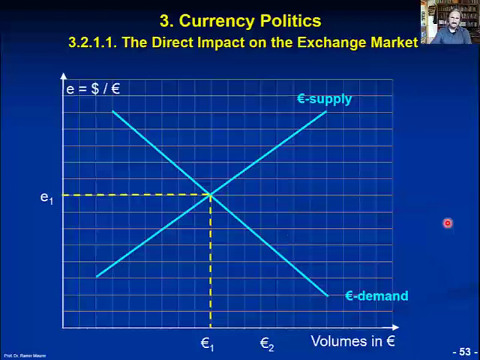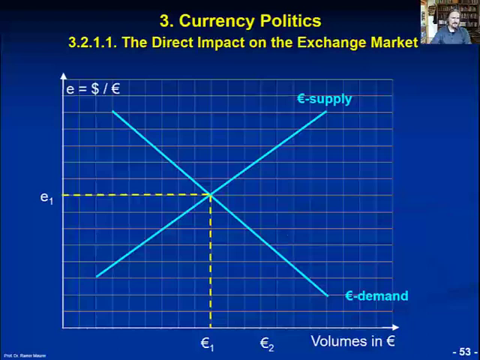In this case, it needs dollars. In case a central bank has no foreign currency reserves, it cannot buy its own currency on the foreign exchange market. That's an important fact. Now let's assume that the European Central Bank has enough dollar reserves to undertake such an intervention.